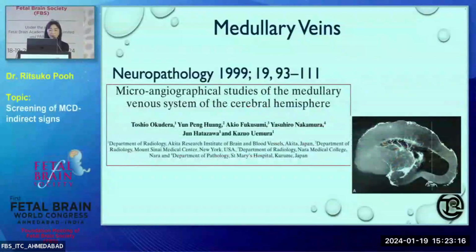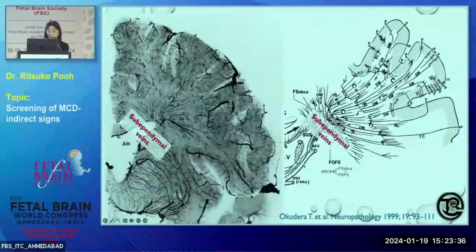And what are the medullary veins? There was a very good article from Japan, published by Professor Okudera, on an aborted fetus brain. Here you can see the subependymal veins, and there are deep medullary veins from the ventricular zone toward the brain surface.